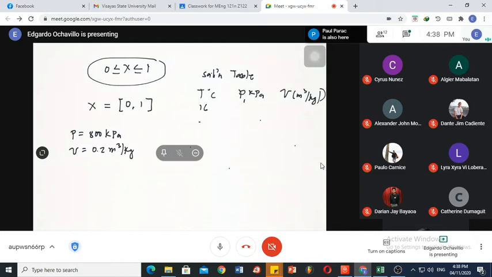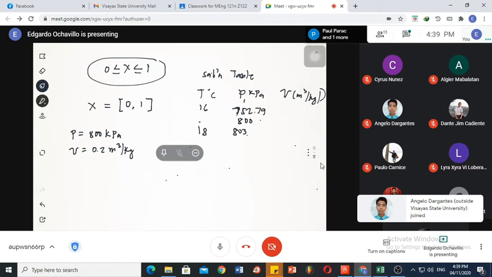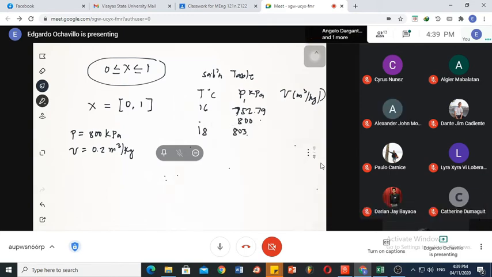In the table we have 16 and 18, and we have this 752.79, and this is 800, and this is 803.66, and we have this 0.1693, and we have 0.1590.